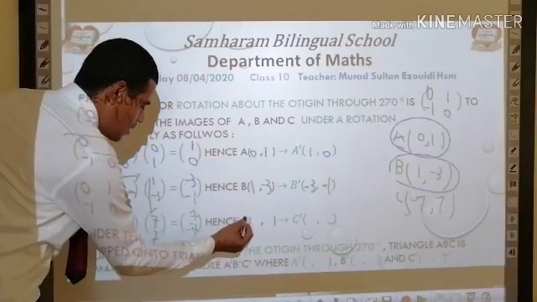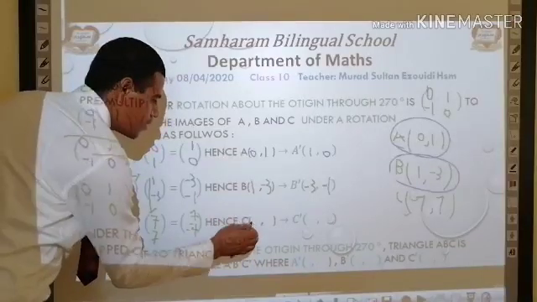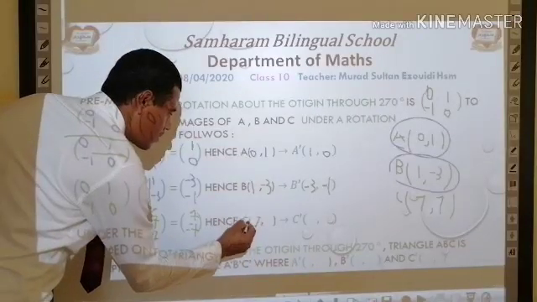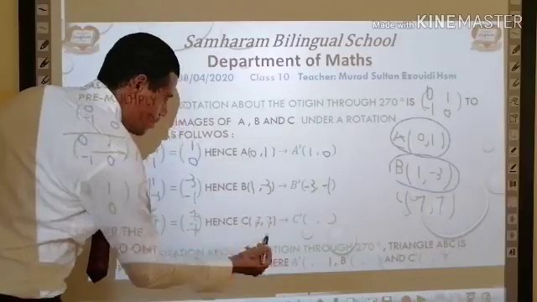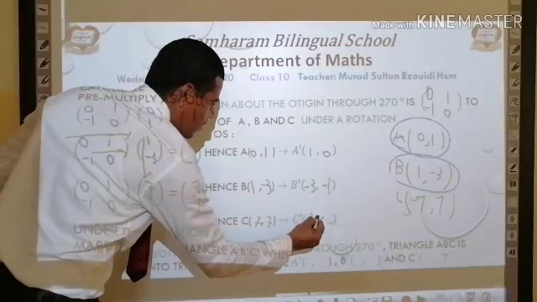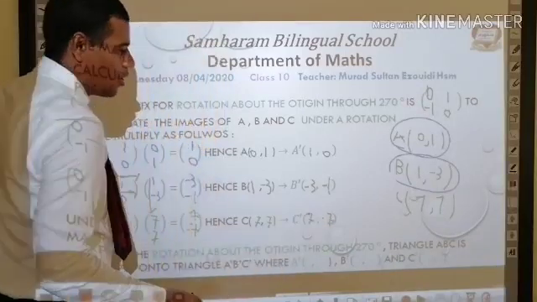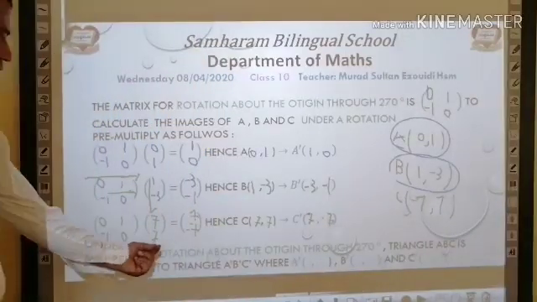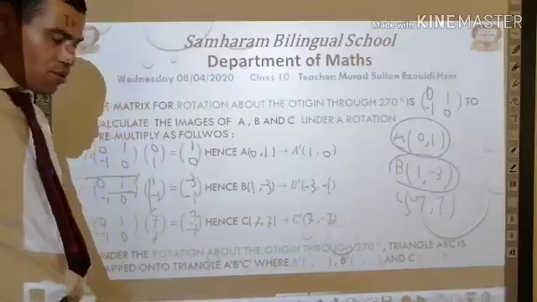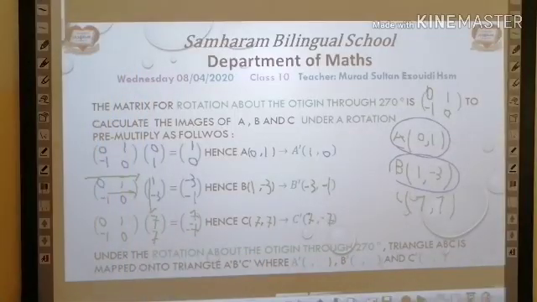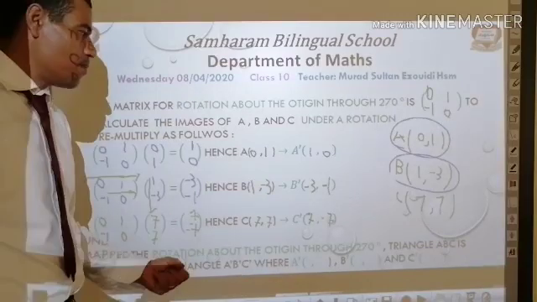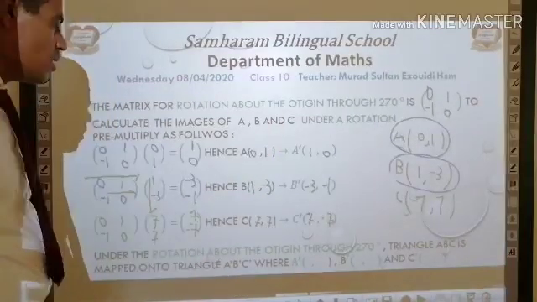So I will just write this here as 7, 7, and here it will be 7, negative 7. Now, under the rotation about the origin through 270 degrees, triangle ABC is mapped onto triangle A prime, B prime, C prime, where the coordinates are those we already calculated.